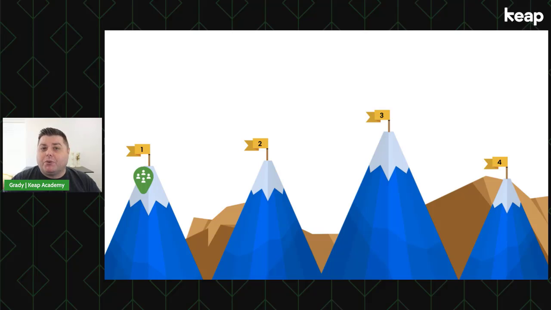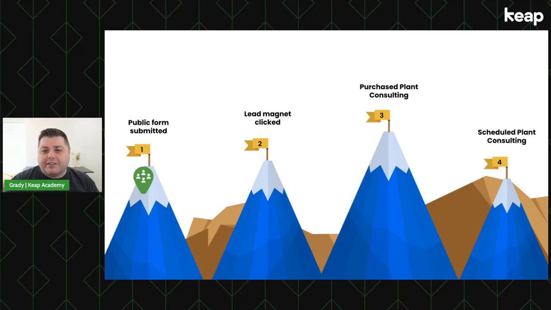We created a public form so that people can give us their information and opt in. We created a checkout form so that people can buy from us online and make it really easy and scalable. And we created a link so that somebody can schedule with us once we get on board and they say, yes, I've paid you. Let's go ahead and start working together.